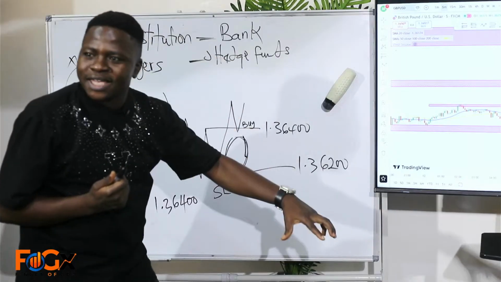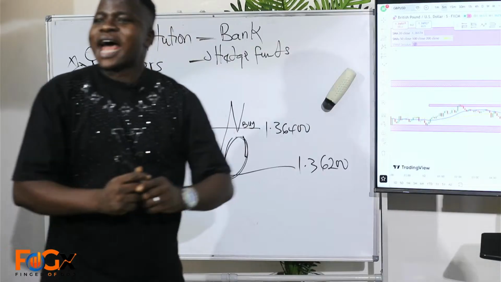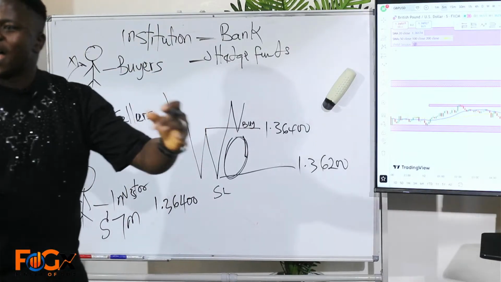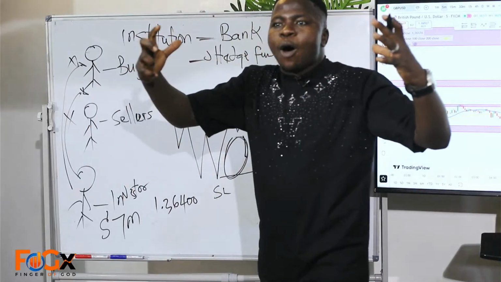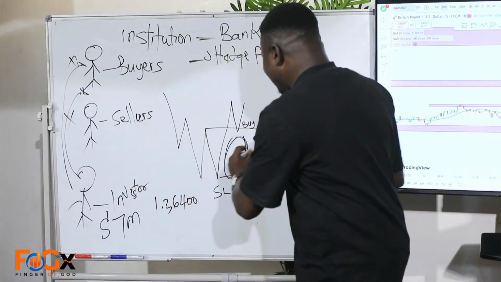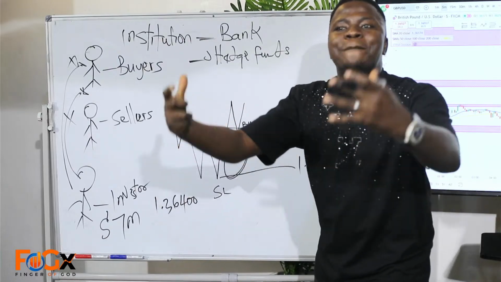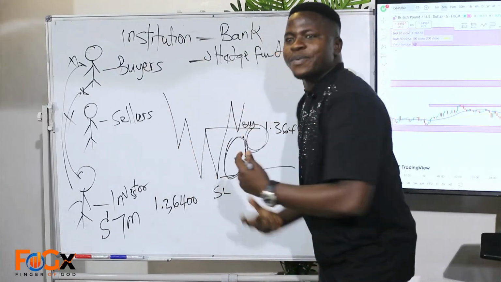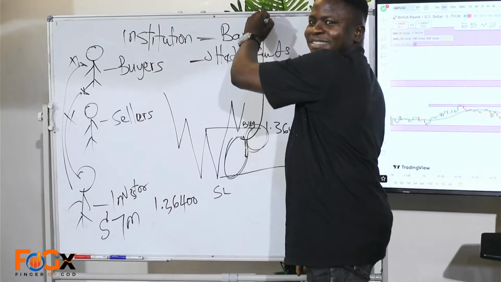Price drops again, they put another 100,000. Now, as they continue to fill the order, when this area is overloaded with people who are buying, that's when we now make price move. That's what pushes price.